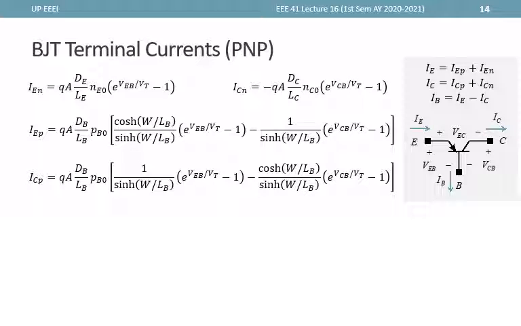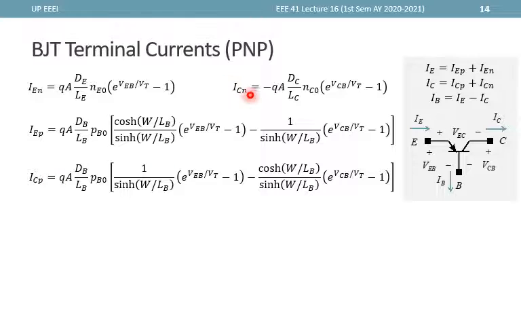So from those four terms, we were already able to derive the expressions for these currents, IEN, ICN, IEP, and ICP. We will now proceed and determine the total terminal current. So IE is simply IEP plus IEN, since this has now been corrected to be directed to the right.